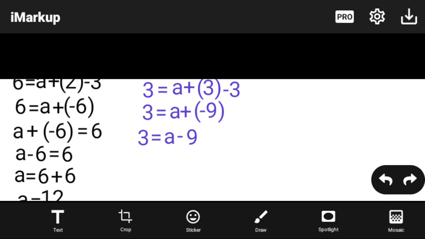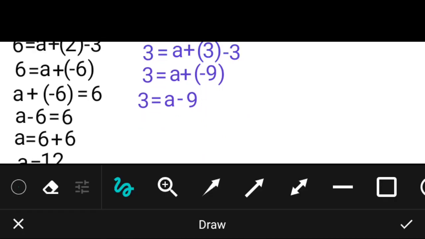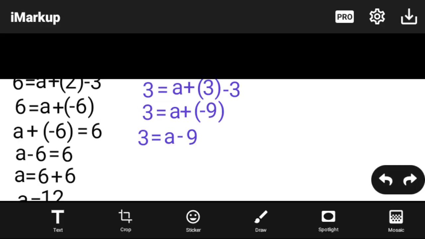So I'll just swap this like we did here. I just changed, so that is what we are going to do even here. So I'll just say a minus 9 is equal to 3. I haven't changed anything, I've just swapped. The 3 there has gone this side, then the a minus 9 has gone the other side there.